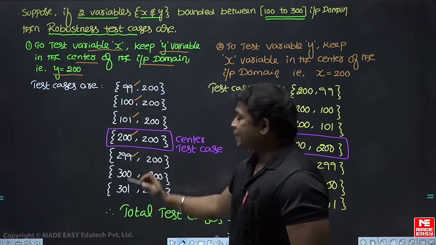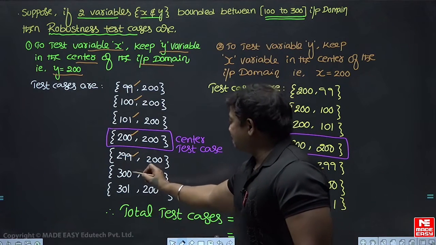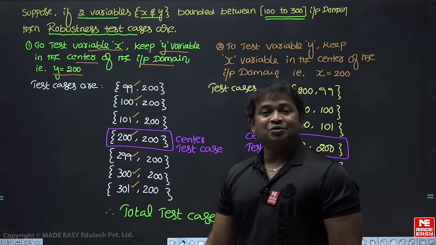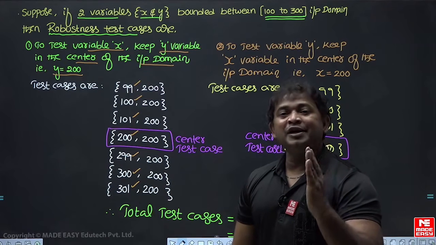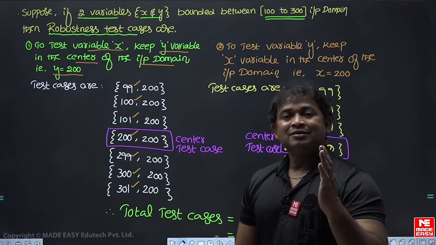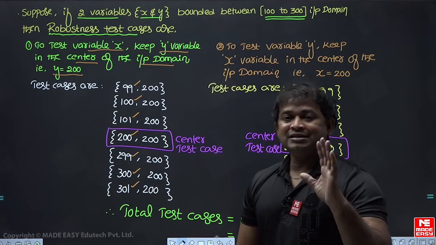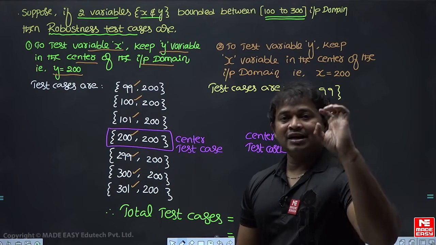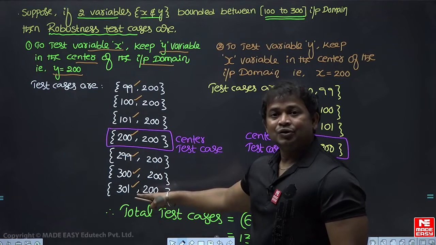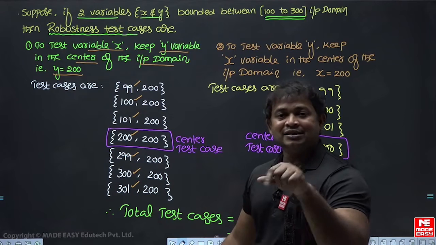Just below the upper limit, 299. Upper limit 300. Just above the upper limit, 301. So now the x variable is tested using robustness testing. There are 7 test cases: 6 at boundaries, 1 at center.